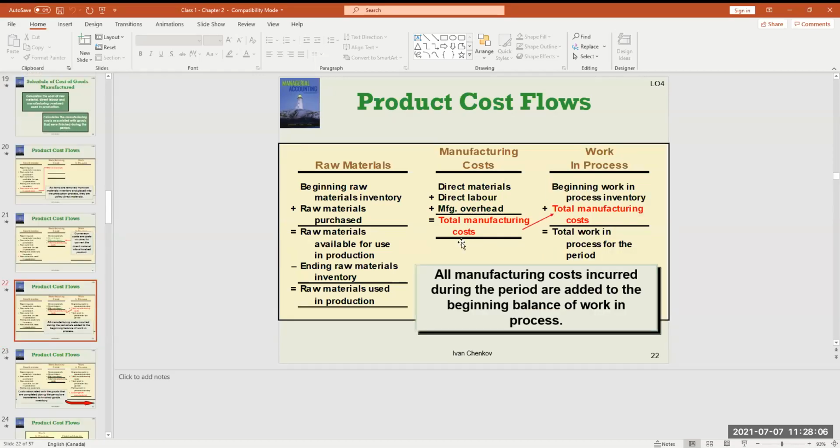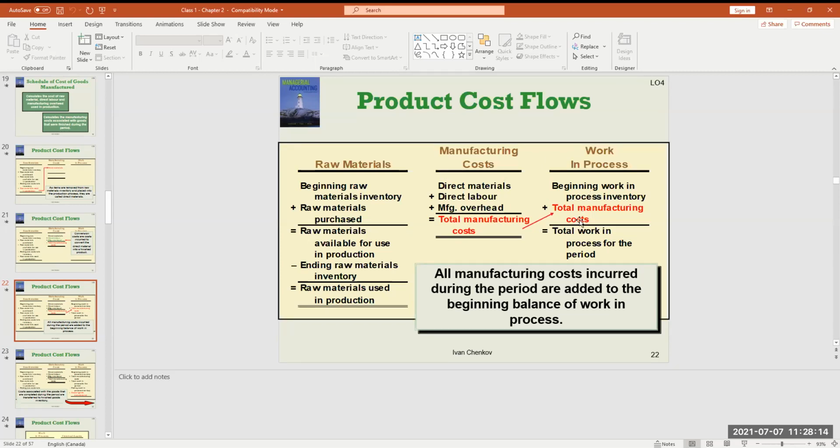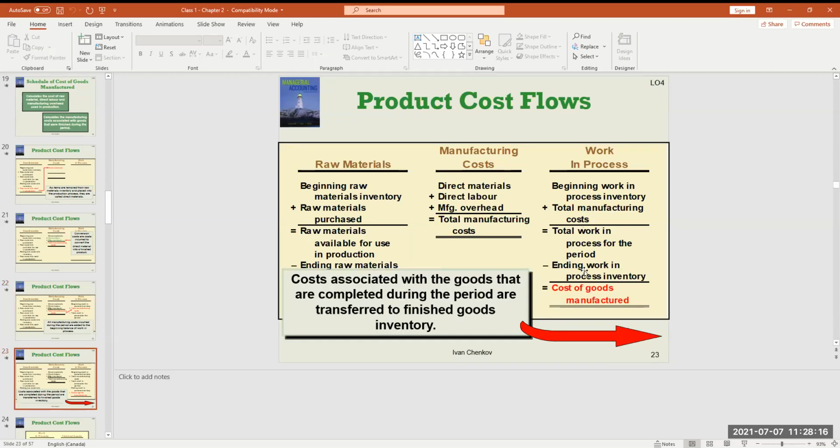So what we have to do here, we have to add the beginning balance in the work in process and deduct the ending balance in the work in process, and we're going to get cost of goods manufactured. And this is how much it cost us to produce the products which are now available for sale.